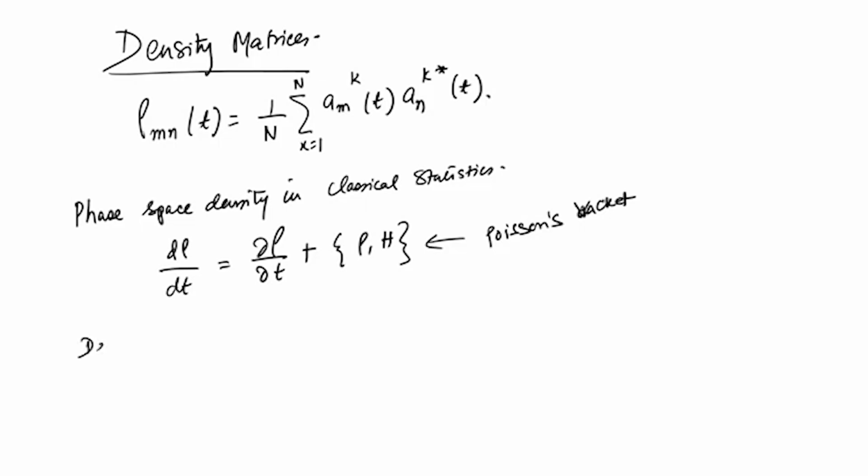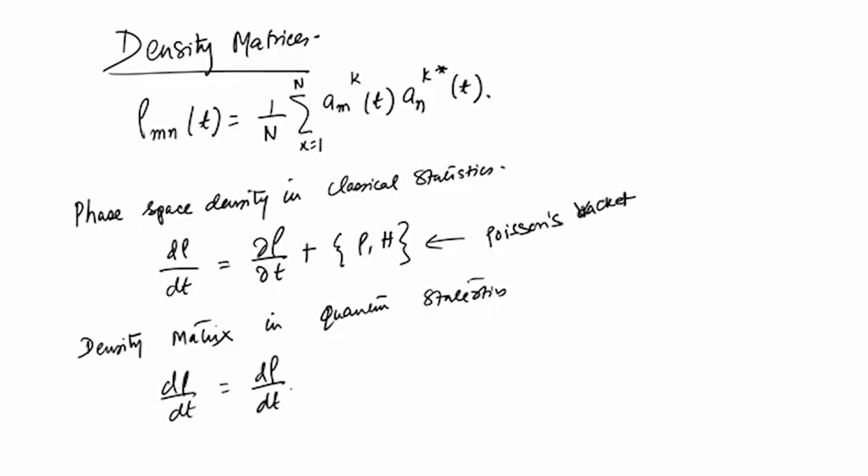Here for the density matrix we write a very similar equation in quantum statistics: d rho dt, which is equal to del rho del t plus a commutator bracket of h and rho. So, what was a Poisson bracket in classical statistics is replaced by a commutator bracket in quantum statistics.